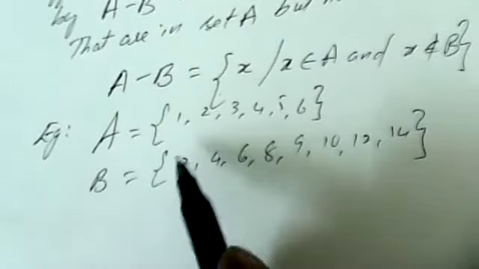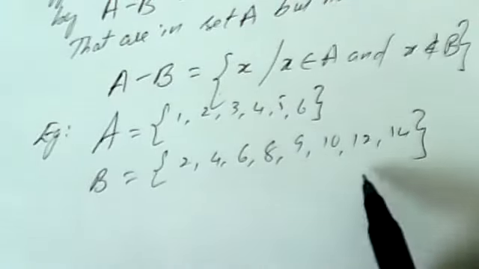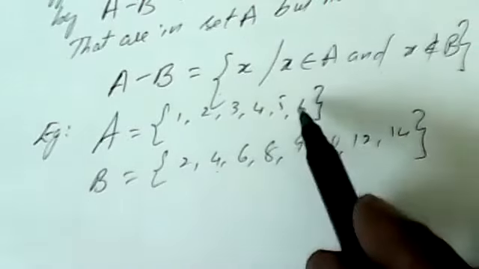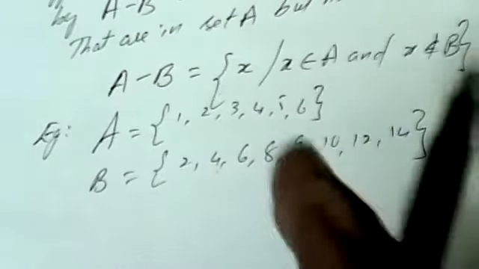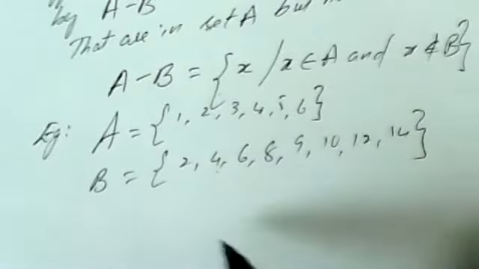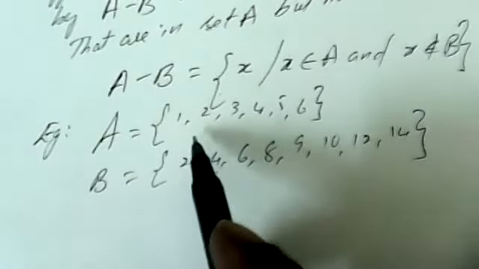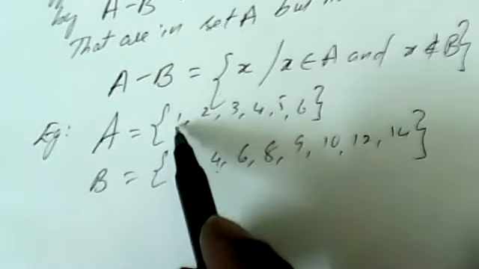So if you look at the elements, observe these two sets. 2 is common here, 4 is common, 6 is common. That means these common elements will go away. From the set A, remove the elements of set B, and we are left with only the elements that are only in A and not in B. Example, 1 is in A and not in B. So 1 is an element of A minus B.